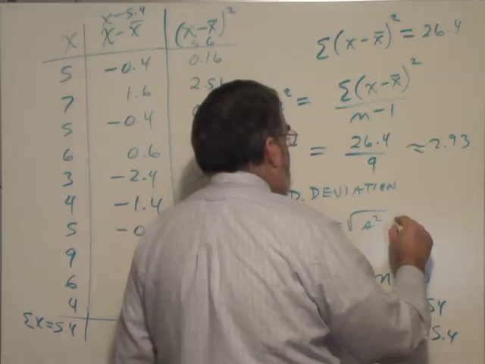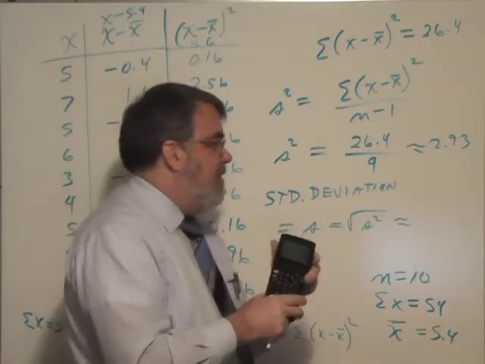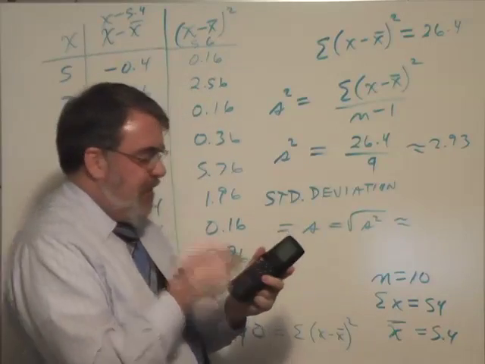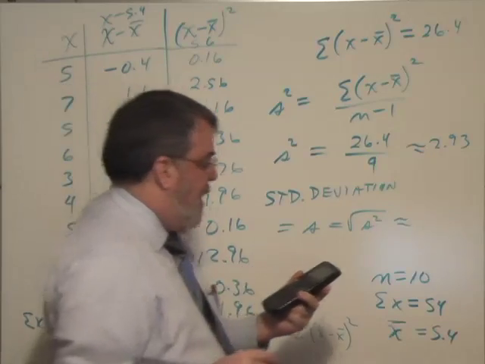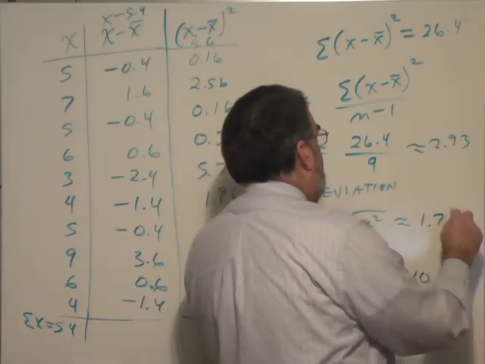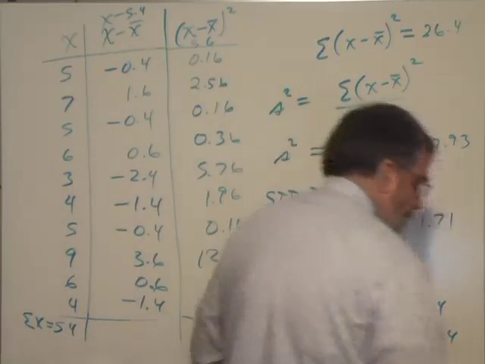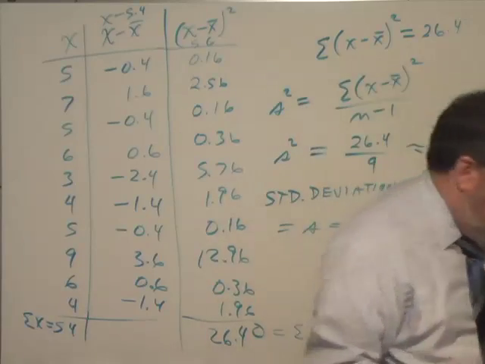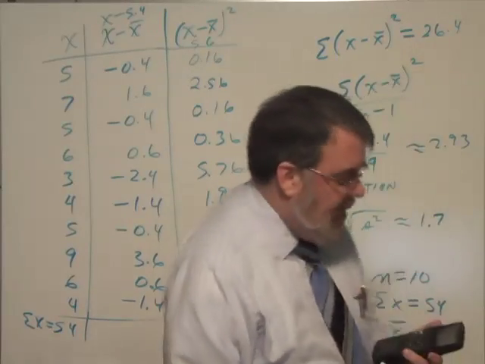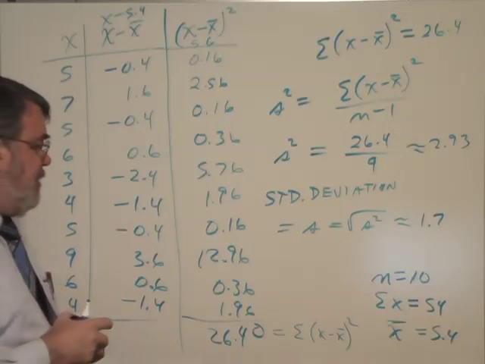So I'm going to take this number with all the decimals so I get the greatest accuracy, and its square root is about 1.71. I tell you what, let me just call it 1.7. All right, how many decimals do you need? Well, depends on what kind of accuracy you're looking for. For what I want to do, 1.7 will suffice.